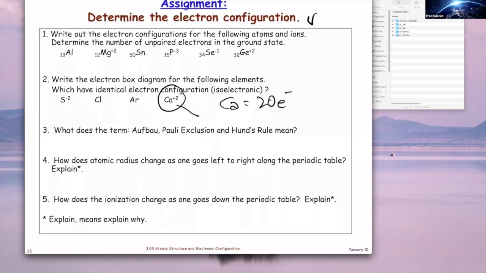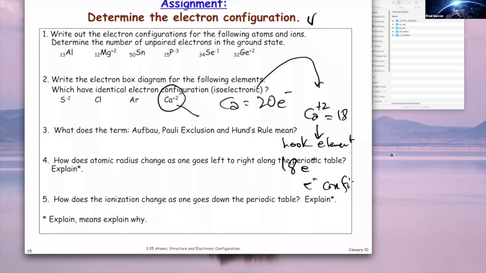But if you're trying to do the electron configuration for calcium plus 2, that's 2 fewer electrons, so that has a total of 18 electrons. Look for the element with 18 electrons, and that's the electron configuration for calcium plus 2. The electron configuration for calcium plus 2 will be identical to argon, because argon has 18 electrons.